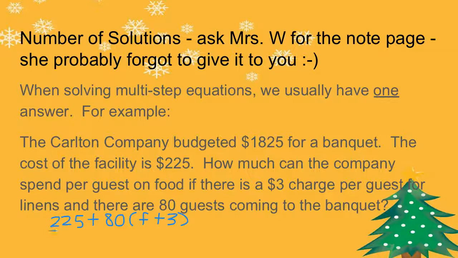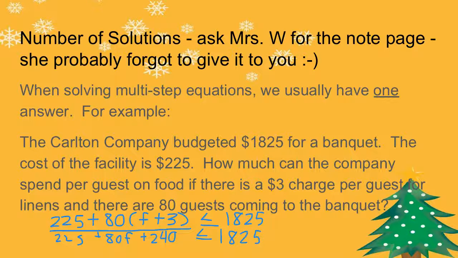And all of this has to equal less than or exactly $1,825 because you can't go over budget. So if we distribute, we'd have 80 times the food and the $240 for the linens. All that has to be less than or equal to $1825.